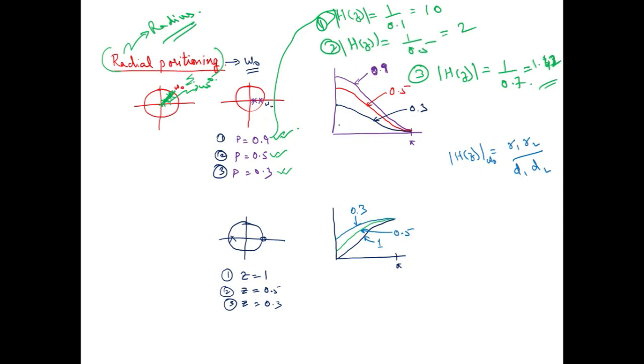So if you see, as we are moving away from the zero frequency component, we got values from 0 to 1.42. Okay.